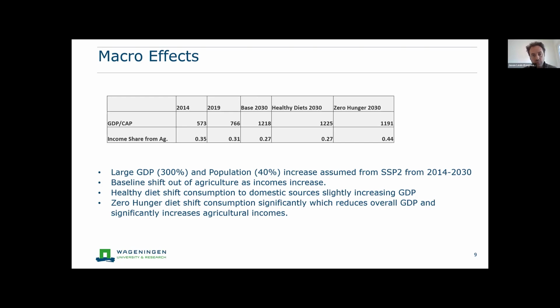So even without any of this diet shift, it is assumed that the population gets richer. You see on the left-hand side of this table, for 2014, 19, and 30, the GDP per capita increases significantly, and also the share of income from agriculture decreases as people move into the cities, as the population gets richer.